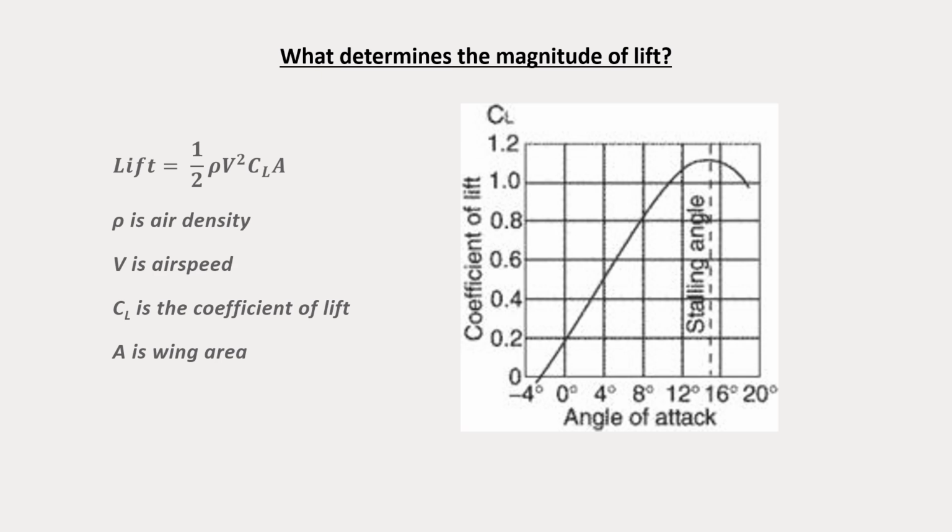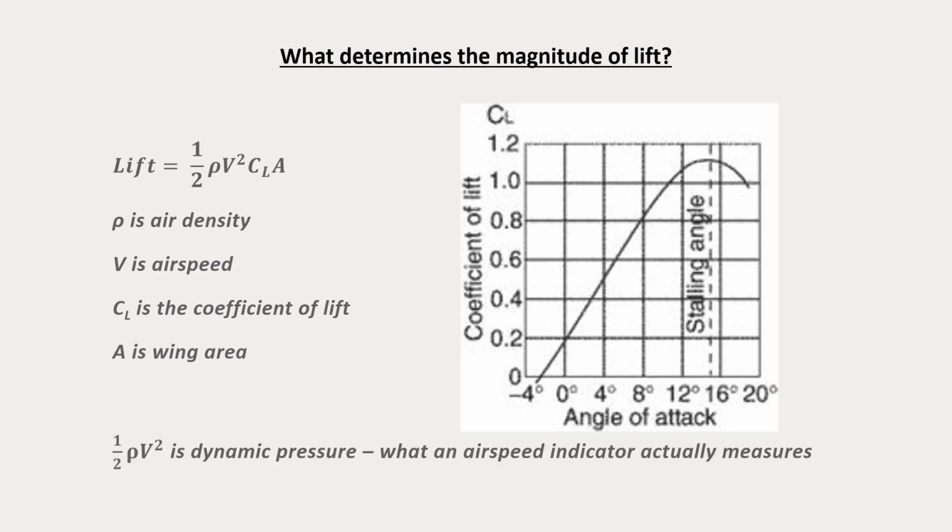This graph shows the relationship between coefficient of lift and angle of attack. It's close to linear through the normal operating range of the glider. When you get up to too high of an angle of attack, called the stalling angle of attack or critical angle of attack, that's where the relationship stops being linear, and at some point more angle of attack actually reduces your coefficient of lift.